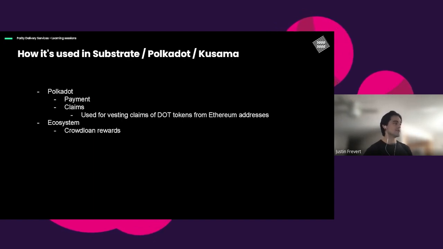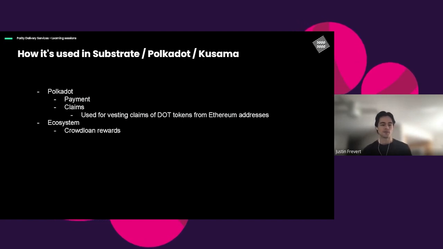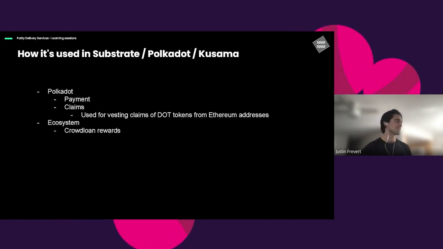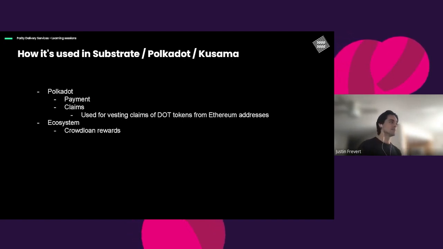And finally, it's used throughout the ecosystem for crowd loan rewards. If you're familiar with the crowd loan process, teams seek support for their auctions. They're looking for users to lock up KSM or DOT, depending on the relay chain.